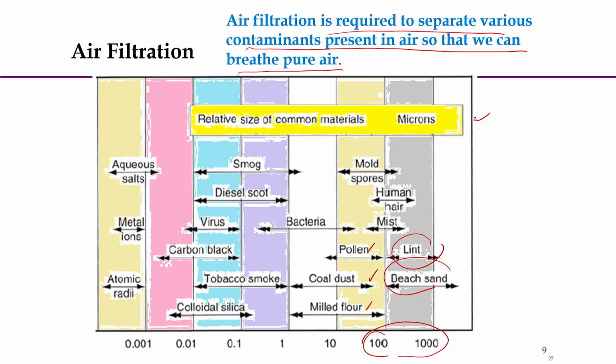These are basically harmful. Then from 1 micron to 10 micron, in this range you can see bacteria, coal dust. So, very small particles.